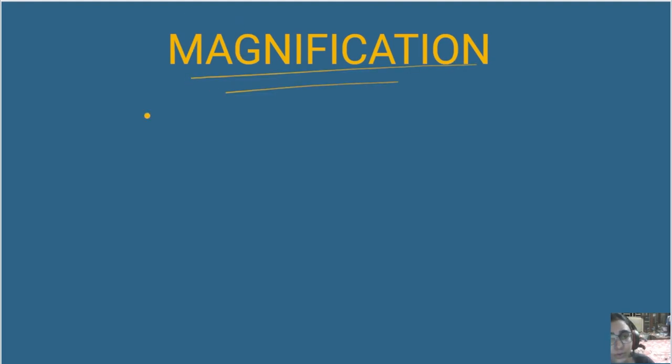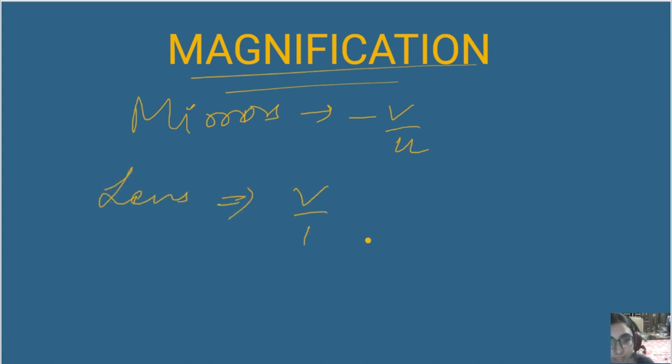Magnification. When we talked about mirrors, we knew that magnification is minus v by u, right? For lens, there is no negative sign, it is just v by u.